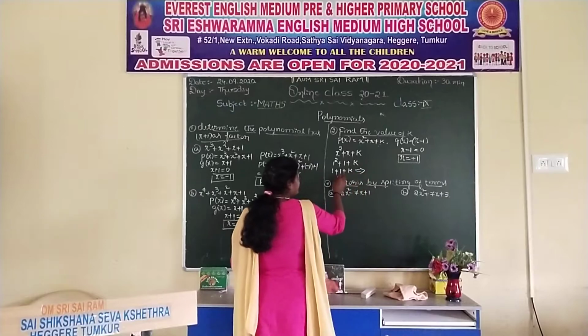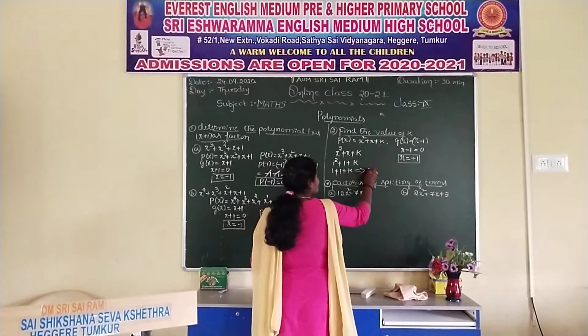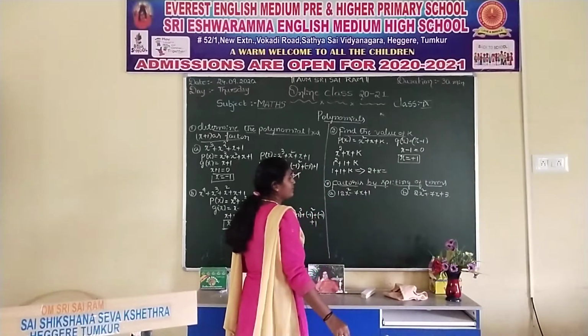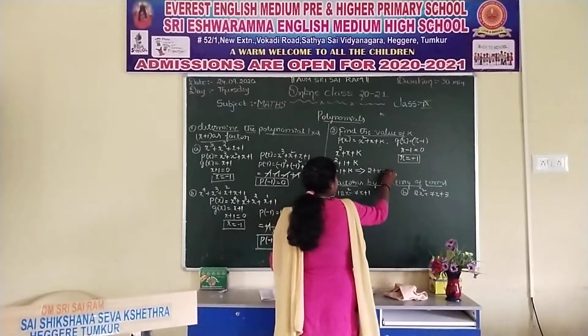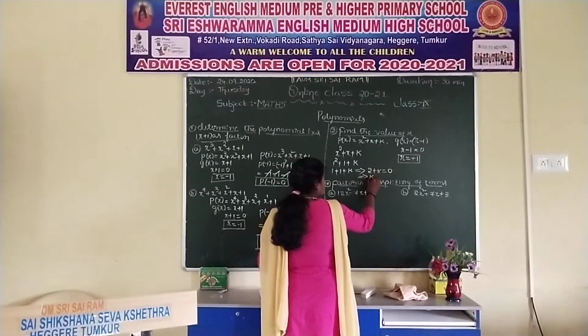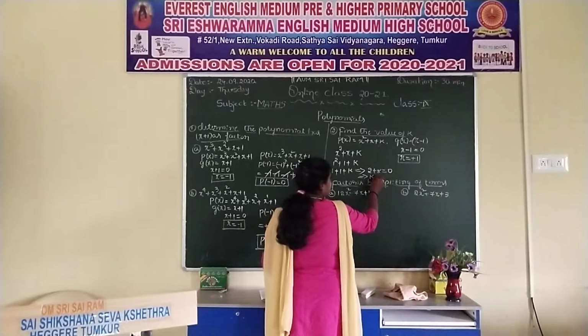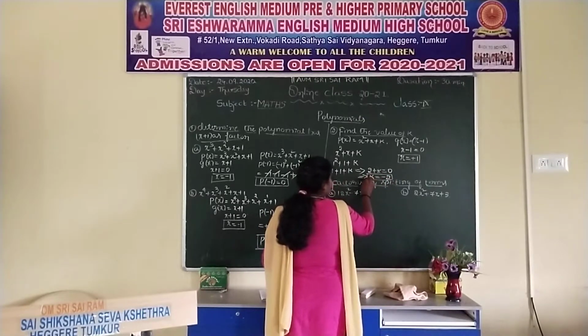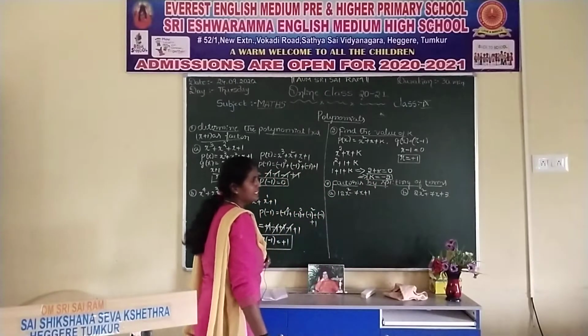So 1 plus 1 is 2 plus k. There is no value on the right hand side, which means it equals 0. So 2 plus k is equal to 0. You take this plus 2 to the right hand side, it becomes minus 2. So the unknown value k is minus 2.